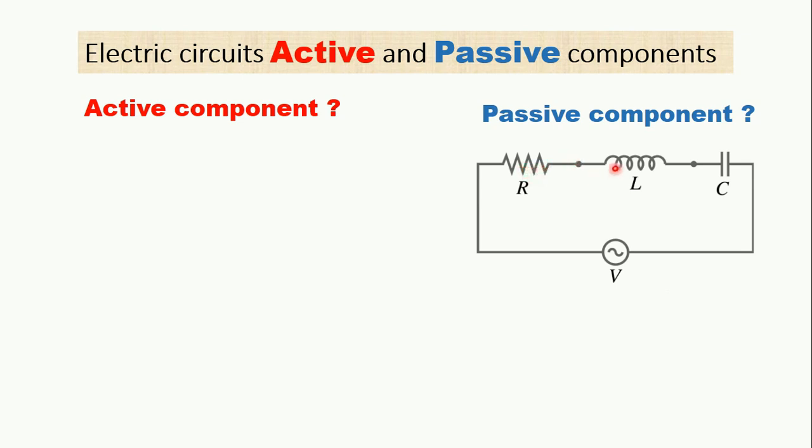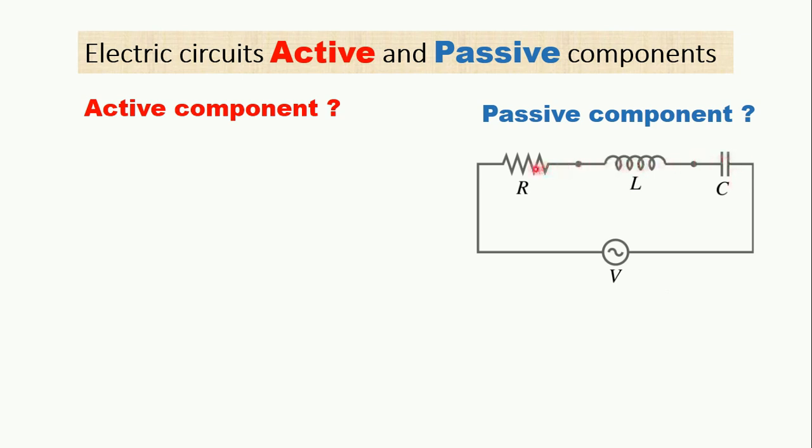Similarly, the current will pass in this coil or inductor. And if this inductor is ideal, the energy will be stored in the form of a magnetic field. And again, the current will go through this capacitor. And if this capacitor is ideal, then the energy will be stored in the form of an electric field.